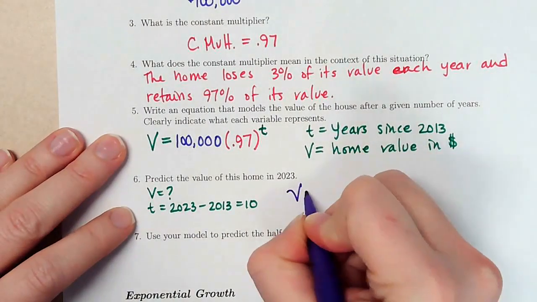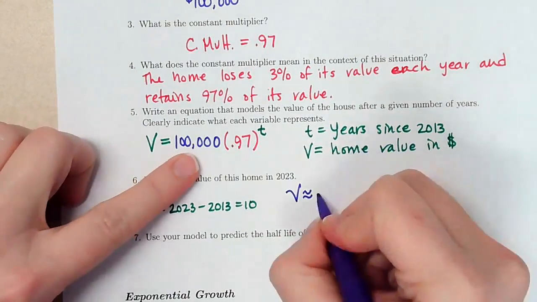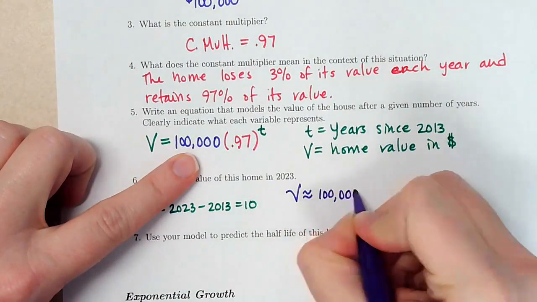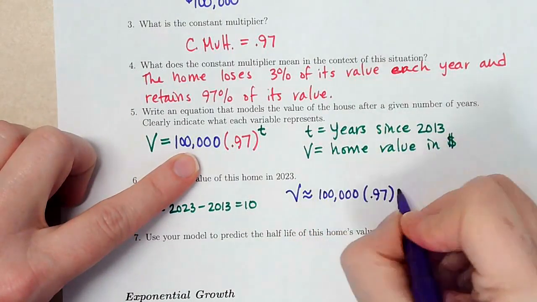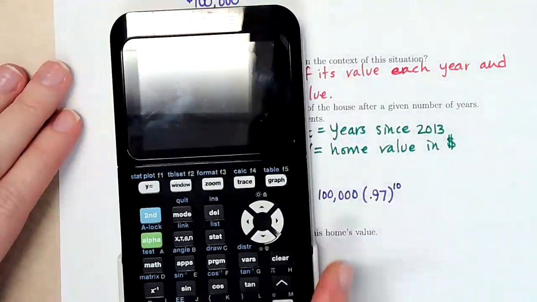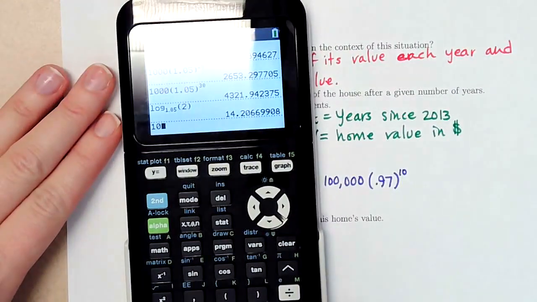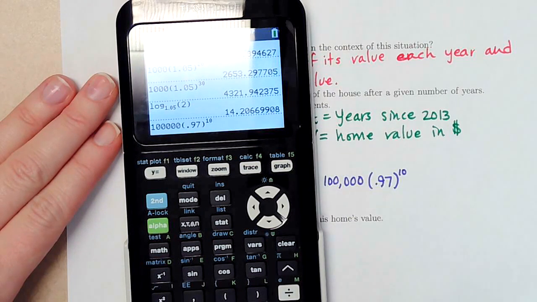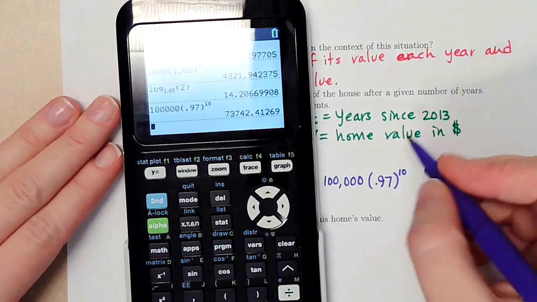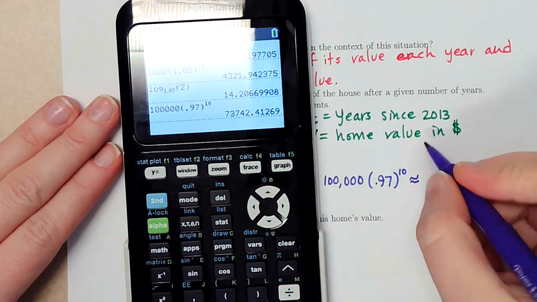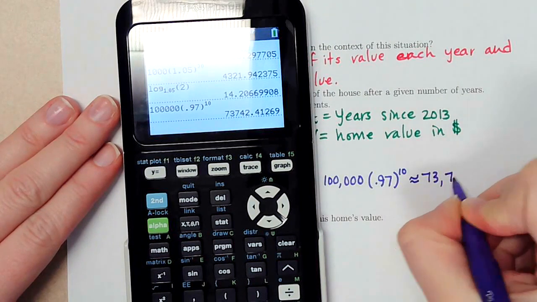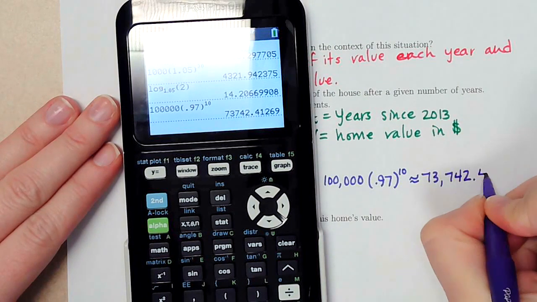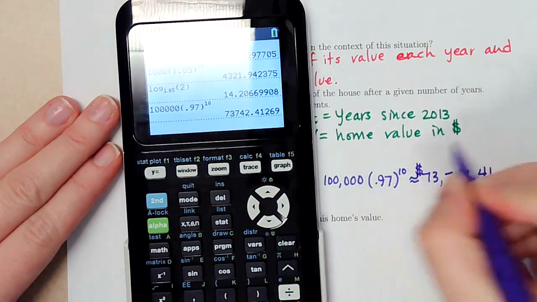So the value will be approximately 100 grand times 0.97 to the 10th. Retaining 0.97 of it for 10 years in a row. So that is approximately 73,742. It was a rough time for this home.